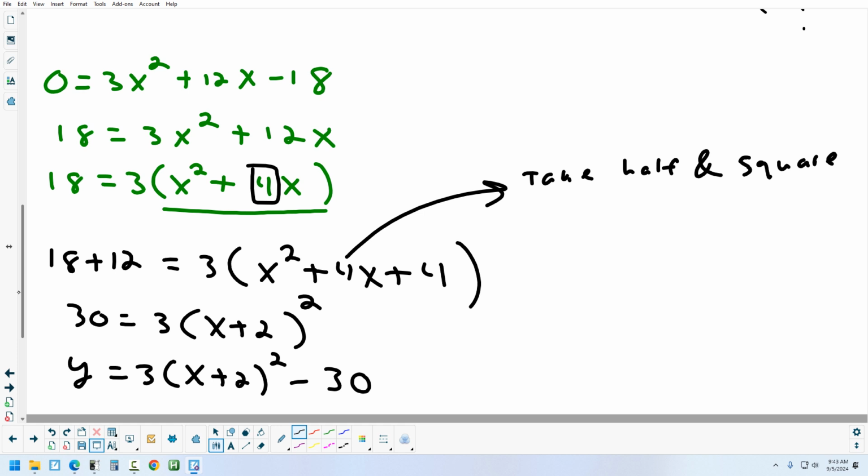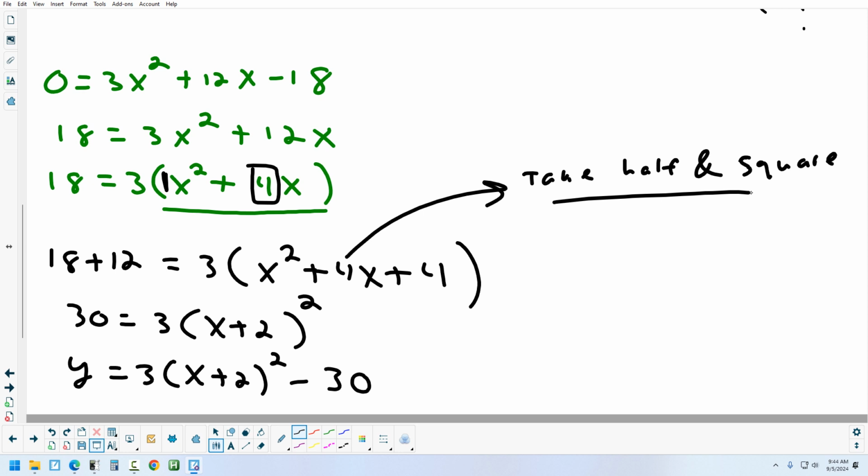Okay, so quick overview. Step 1, constant on the other side. Step 2, factor out whatever you need to make the x squared have a 1 in front of it. Step 3, this is like the magic step that completes the square. Take half of the number in front of x, square it, and add that to both sides.